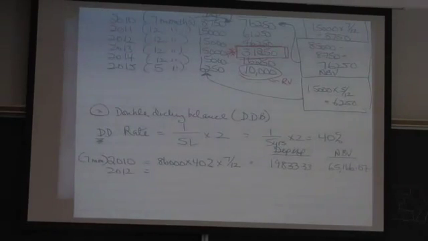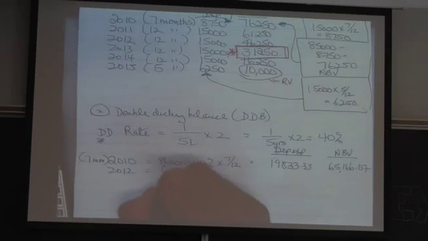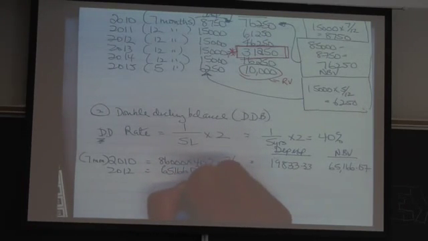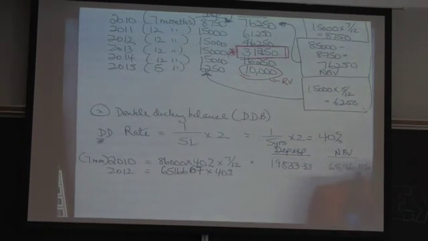So hold on, let me check. I've got 85 minus 19,833. That should be 65,166. So this should be 65,166.67 times 40%.